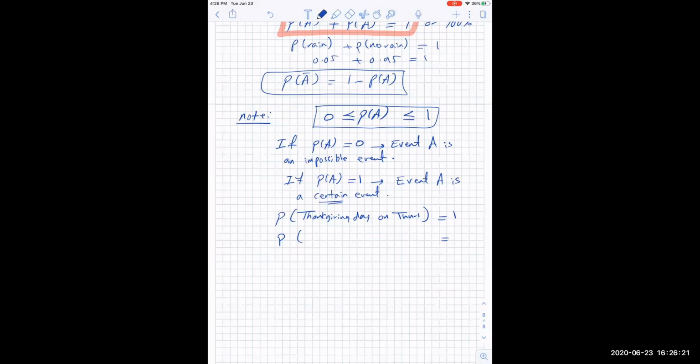So the probability of any event is always within this range from 0 to 1.